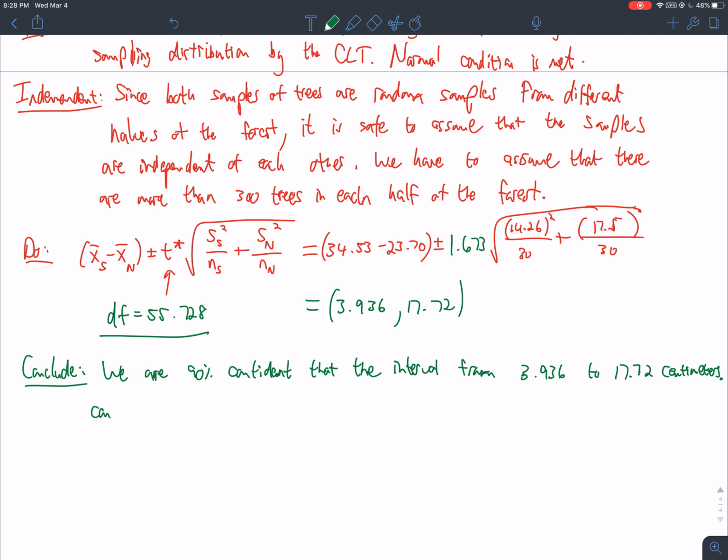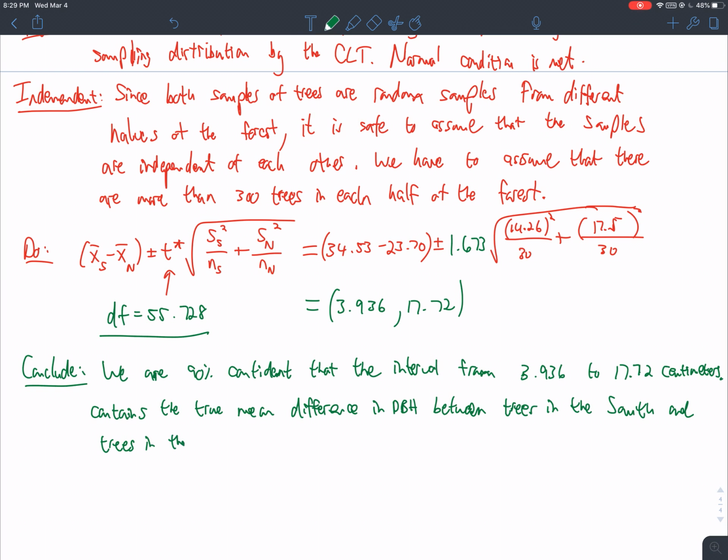Centimeters contains the true mean difference in DBH between, and you have to have the order correct here, trees in the south and trees in the north, or northern half of the forest, or however you want to write that.